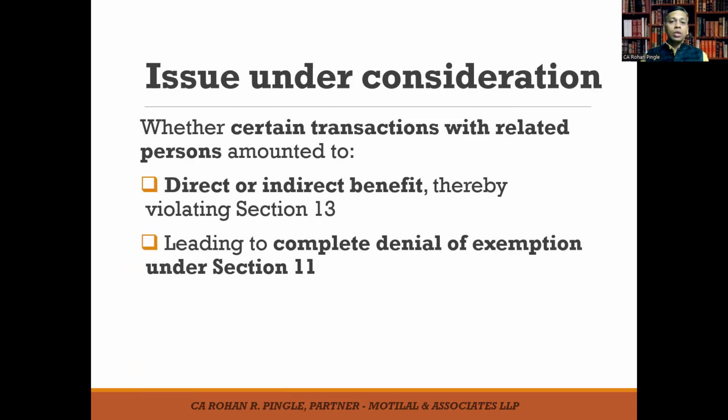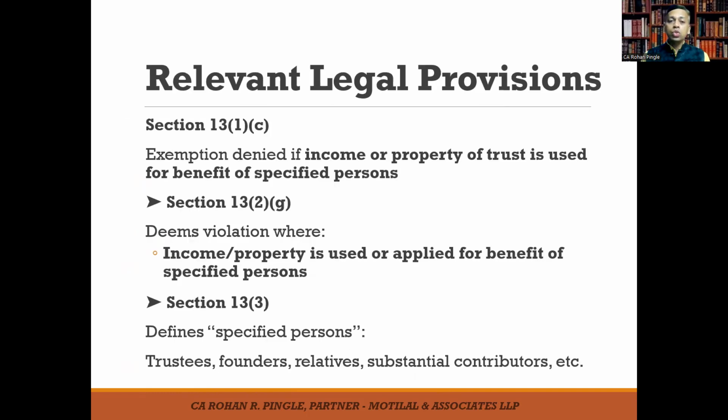Very interesting. So let's see what the issues under consideration were. The issue was whether certain transactions with the related persons amounted to direct or indirect benefit, thereby violating Section 13, leading to complete denial of exemption under Section 11. So what are the relevant legal provisions?